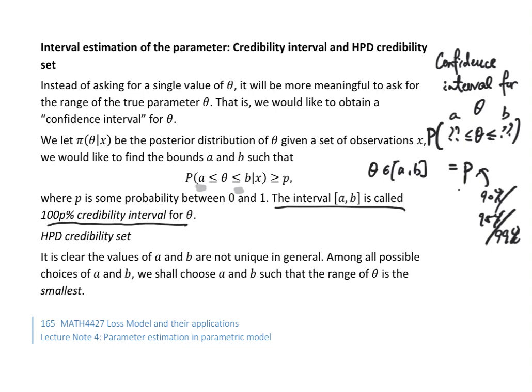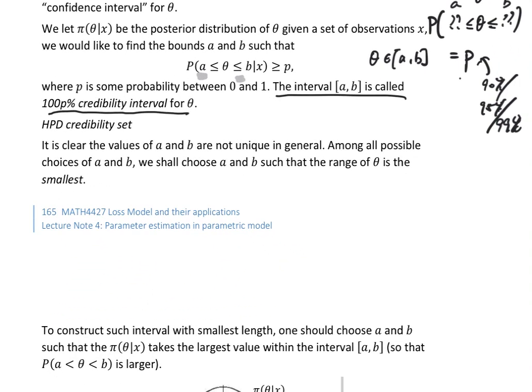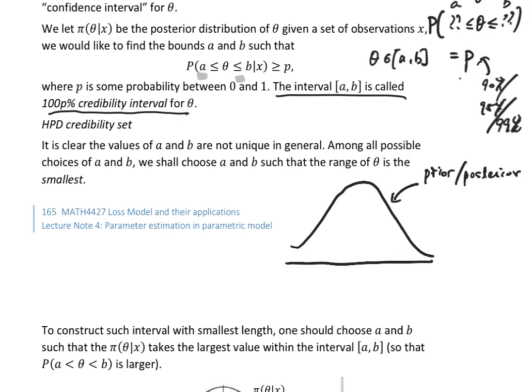Now the next question is, how do we get this? In order to get this, first of all, let us sketch the distribution of theta. Let's say this is your distribution of theta.